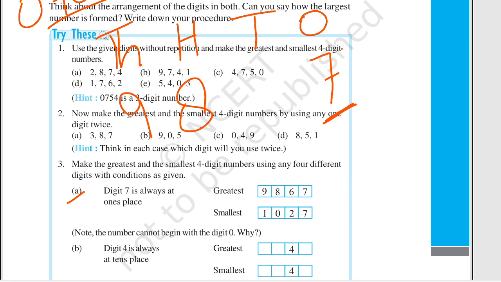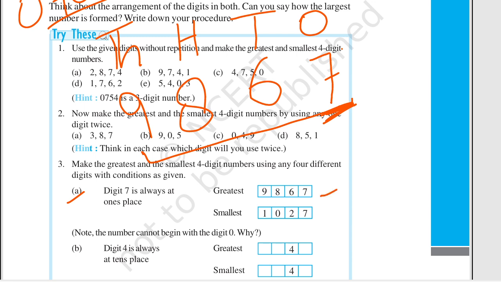So now we look at the fourth greatest number, that is 6. That is 6. It means 9867. 9867 is the greatest number we can make by using four different digits, in which 7 is always at the ones place. Okay, well, check it out, the answer is 9867.